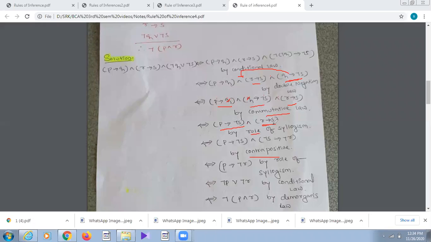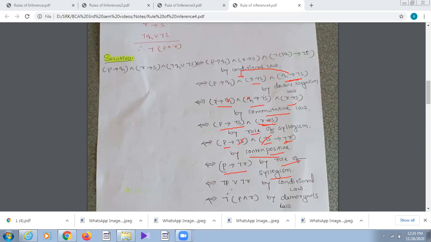Similarly here, negation s conditional negation r, by using contrapositive. Next here again negation s will be cancelled by using rule of syllogism. Only we got p conditional negation r, by using rule of syllogism we cancelled the negation s.